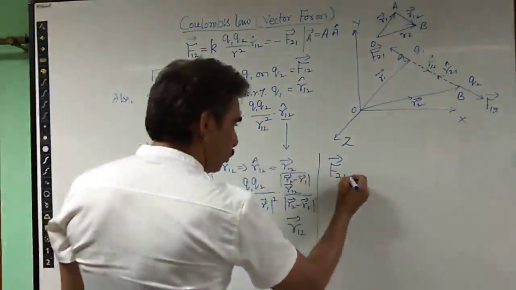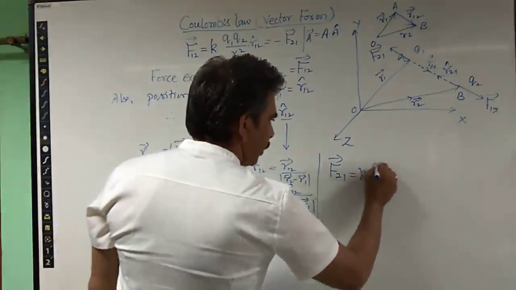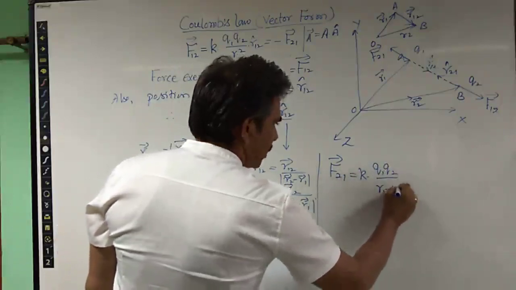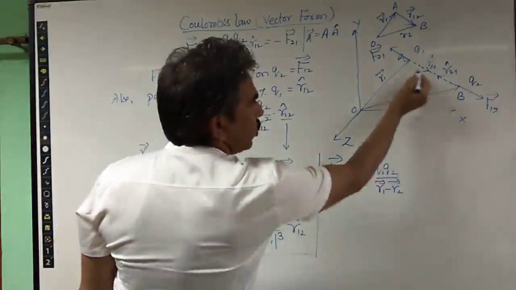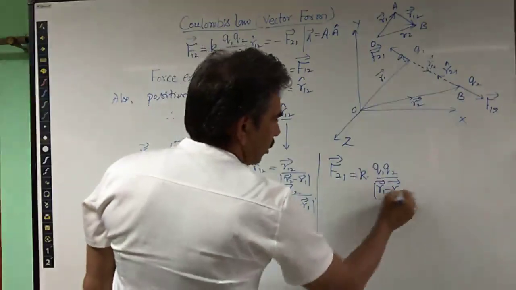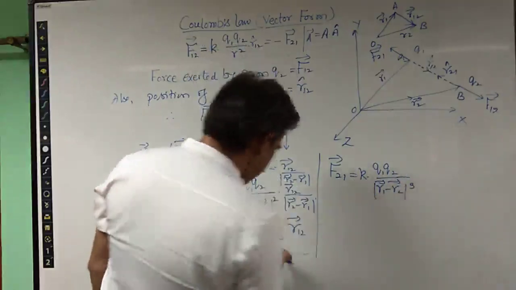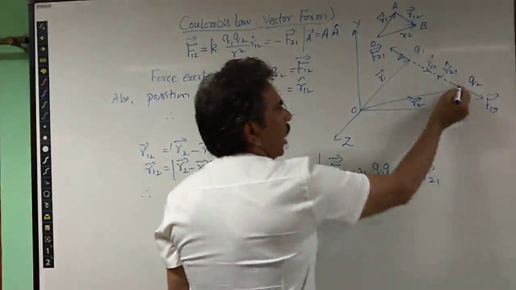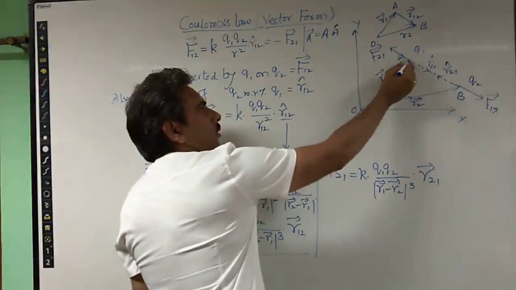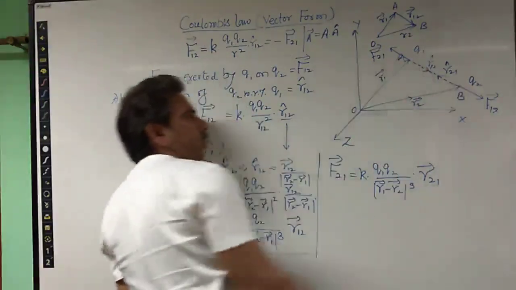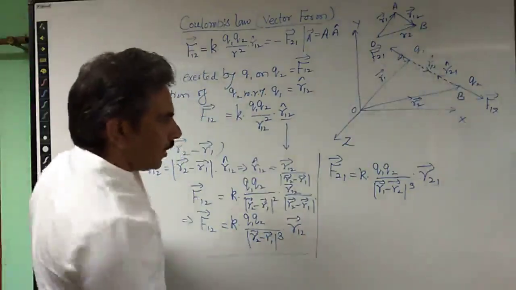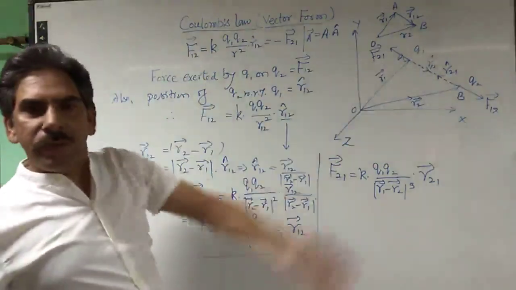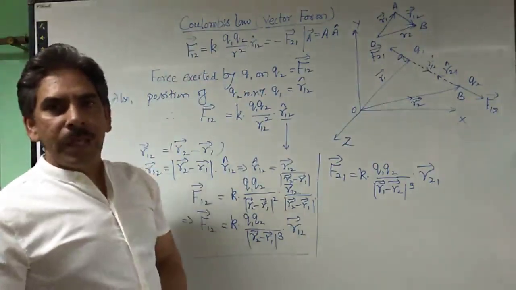So F21 is equal to K into Q1 Q2 upon the magnitude of R1 minus R2, because now the closing side will be R1, power 3 as here, into R21 vector, the position vector of charge Q1 with respect to Q2. So that is the clear representation of the two Coulomb forces in terms of the position vector form. That's all for now.